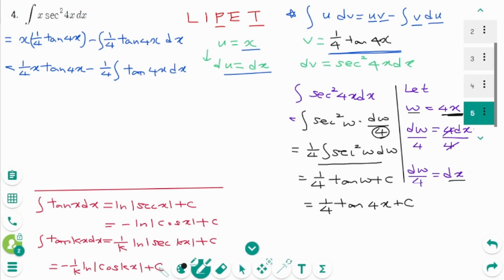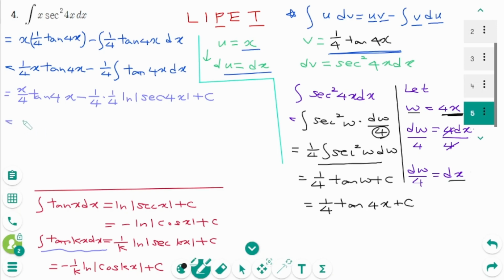plus c. Then back to the original equals x over 4 tangent 4x minus 1 over 4. Use this, 1 over 4 ln absolute value of secant 4x plus c.